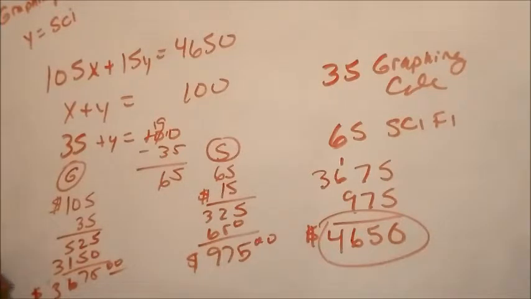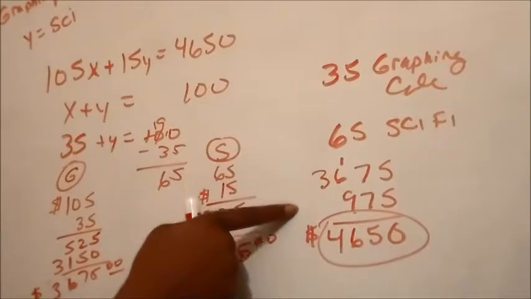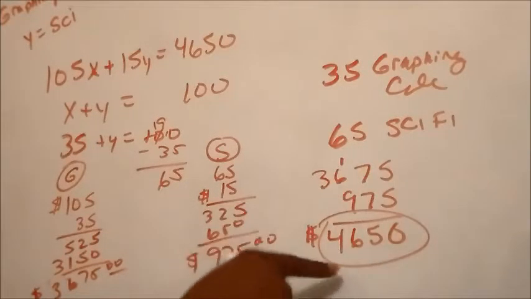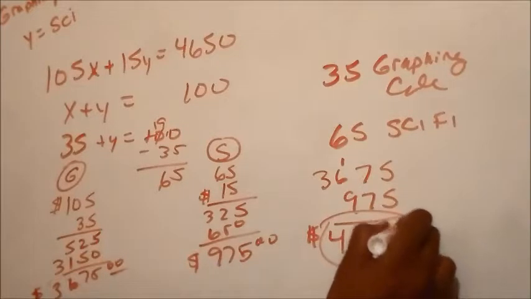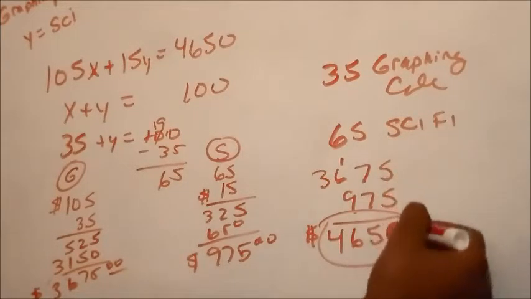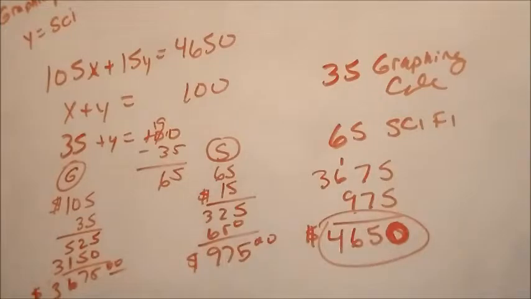And our total cost yielded graphing calculator cost $3,675. The scientific calculator cost $975. And we added them up and we arrived back at what our original question said we spent on the graphing calculators. And this is not a 6, it is a 0. Sorry about that. 5 plus 5 is 10. Carry the 1. So that was fun.